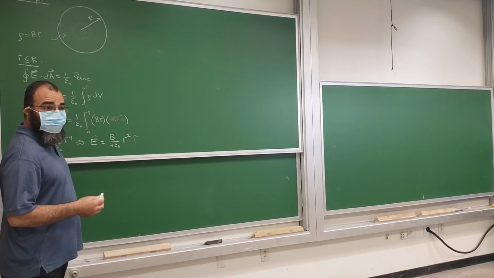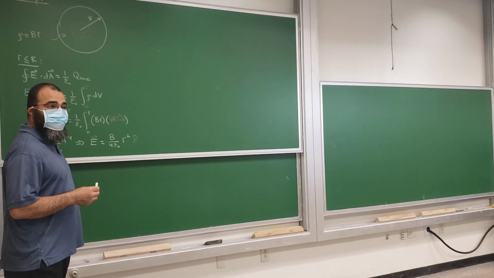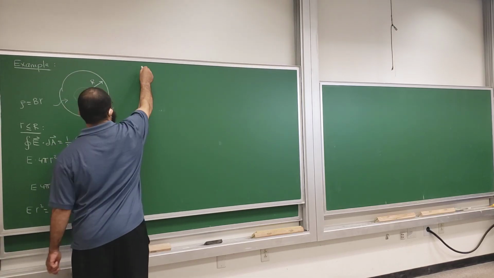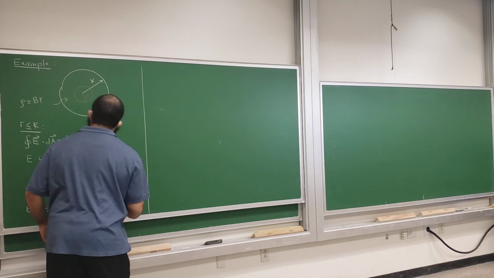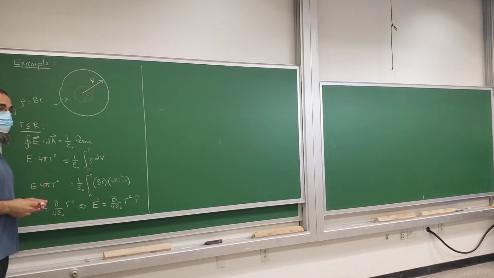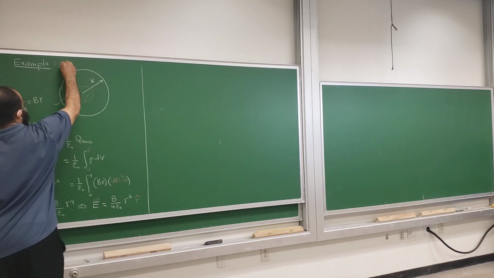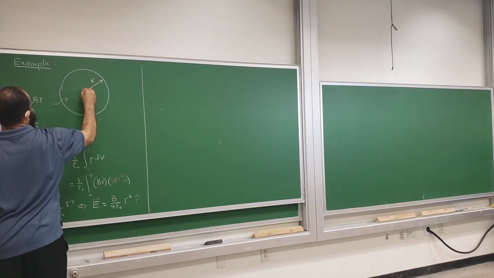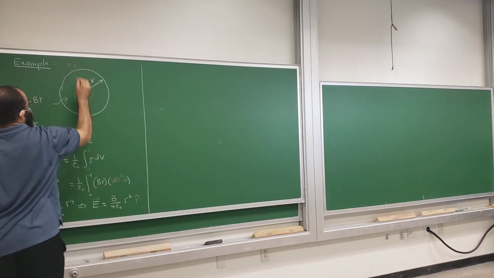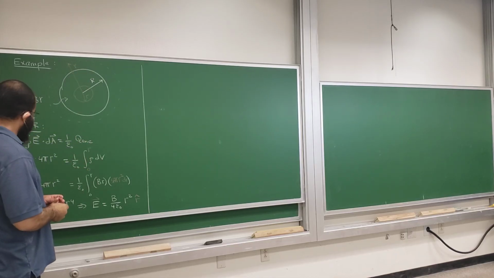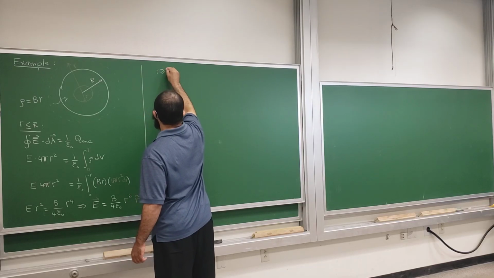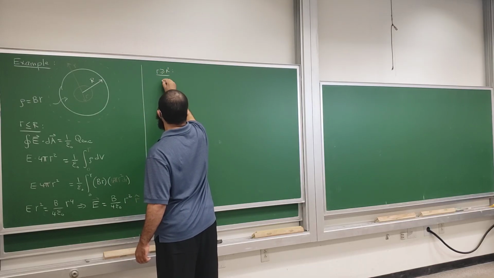Would you like to do it for the outside? Outside, where would the Gaussian surface now be? The radius is r, with r greater than R. We've got E dot dA.